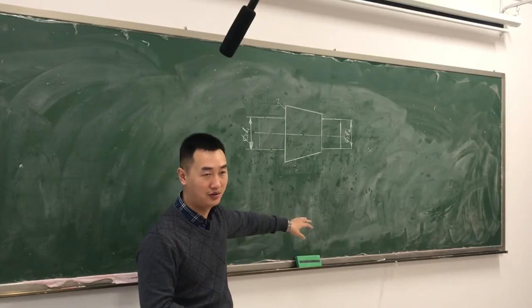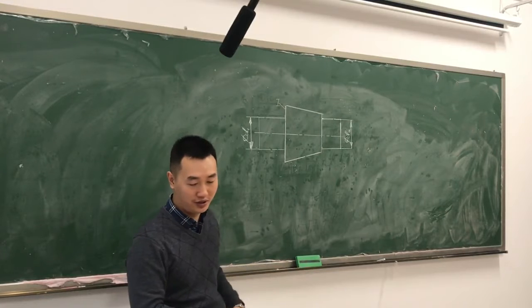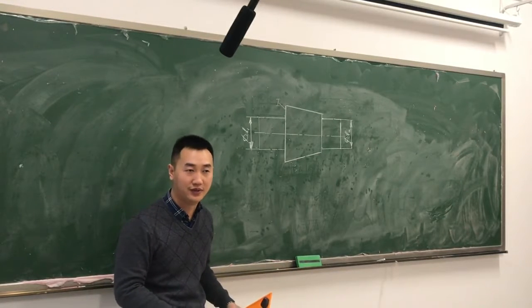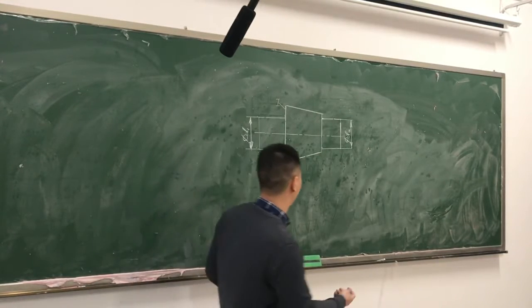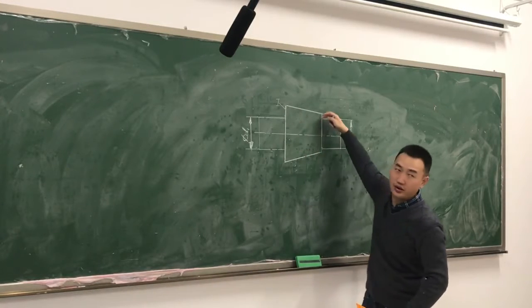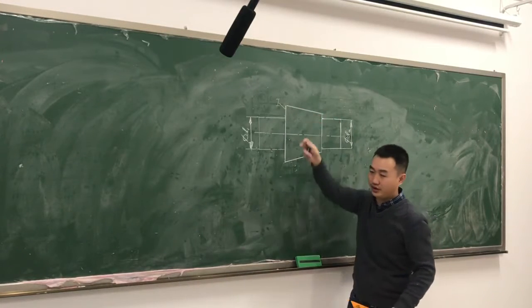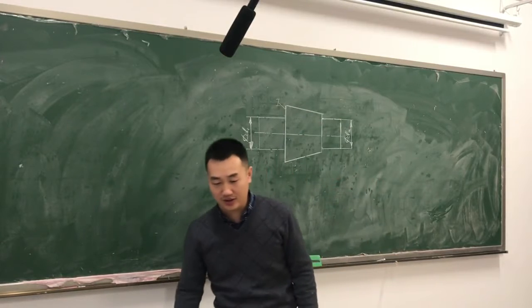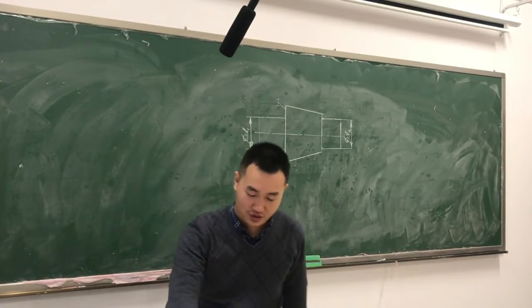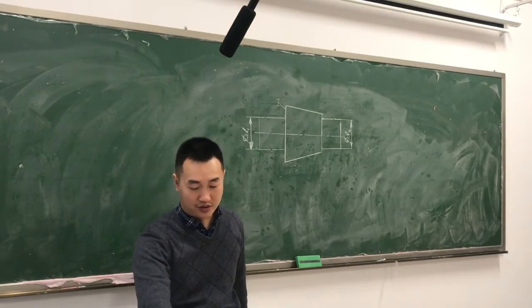Feature. The toleranced feature clearly here is the circular cone, right? Where is the circular cone? Here is the circular cone, and it has the geometrical requirement of circularity.